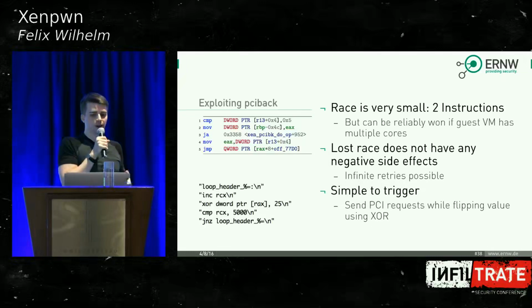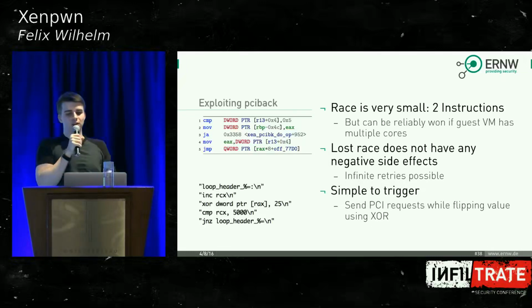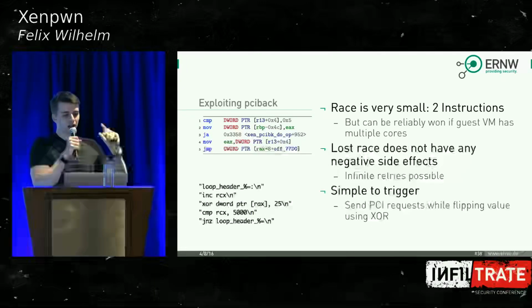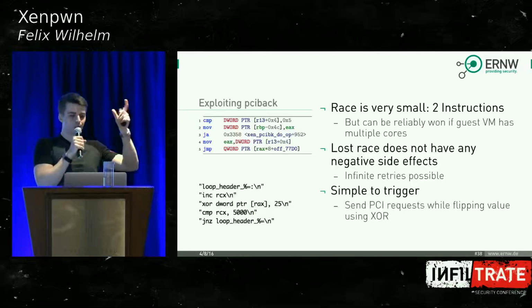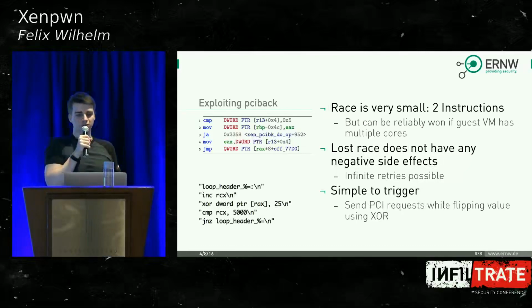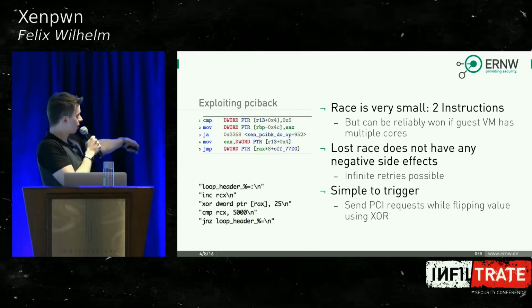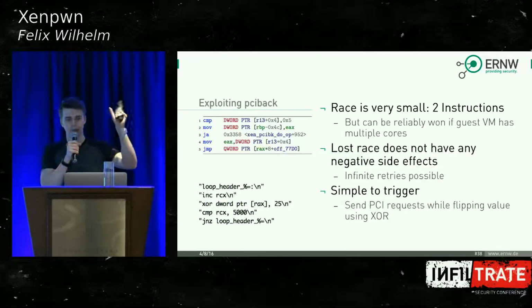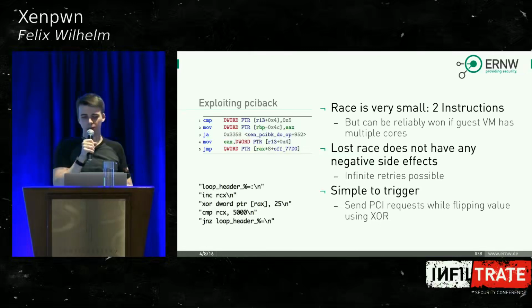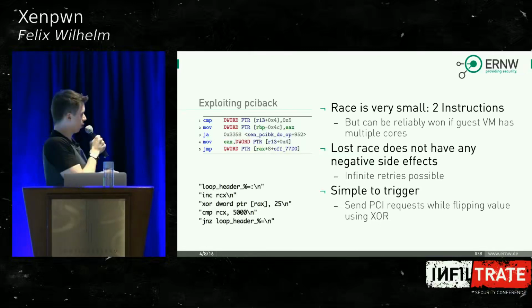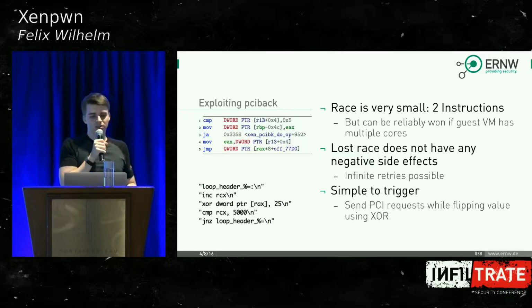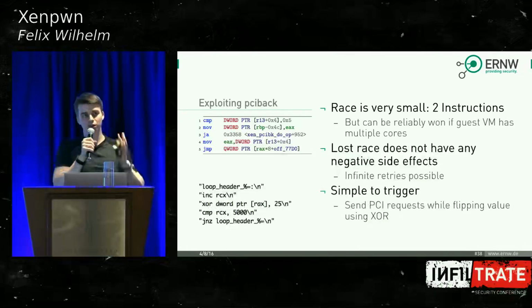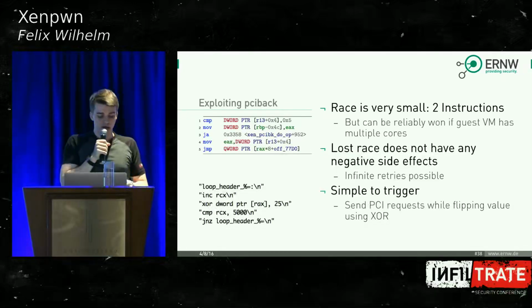You can simply trigger it by sending a PCI request and flipping this op CMD value using the XOR instruction. So you can see this is basically the assembler code my exploit uses to flip the value at the location the RAX register points to, to 25, which, as we will see later on, helps us to gain code execution.